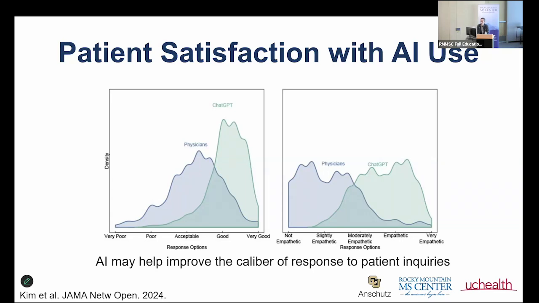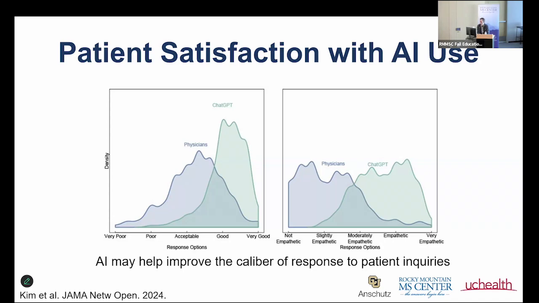They had patients grade the quality of the response, and they basically did responses that were generated by the doctors or responses that were generated by the AI. The y-axis on these graphs is just how many responses were graded in that category. And on the left side for each one, it goes from very poor to very good. The doctors are in blue and the AI is in green.